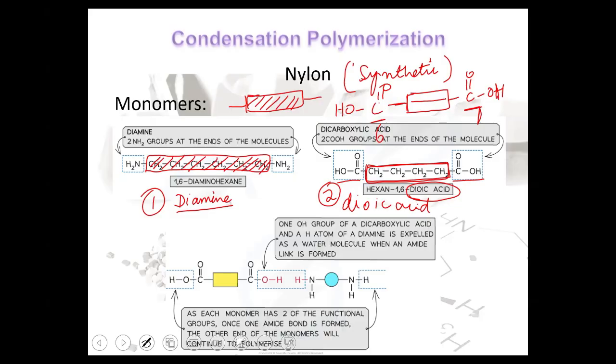So here in the nylon also, dioic side is providing its OH, and diamine side, over there in esters it was alcohol which was giving H. Here diamine's H is coming. It means diamine's nitrogen will be left with one hydrogen, so NH is remaining here, and carboxylic acid will be left with a C double bond O.